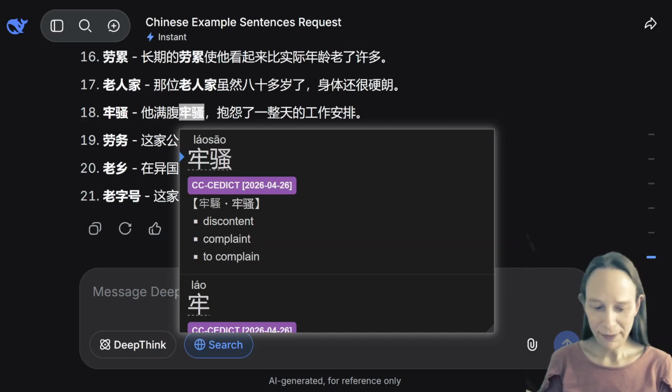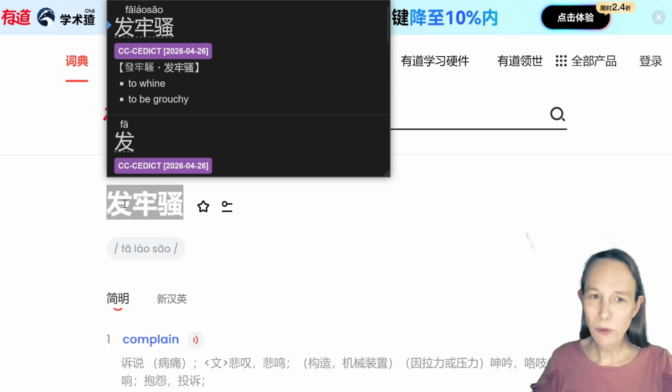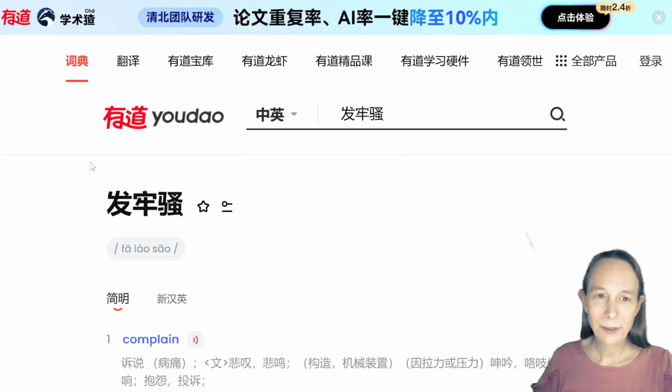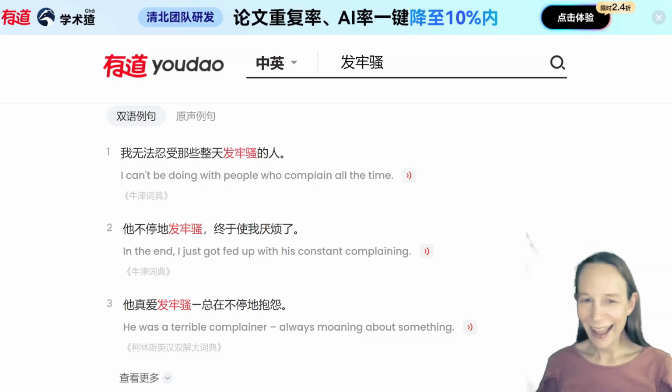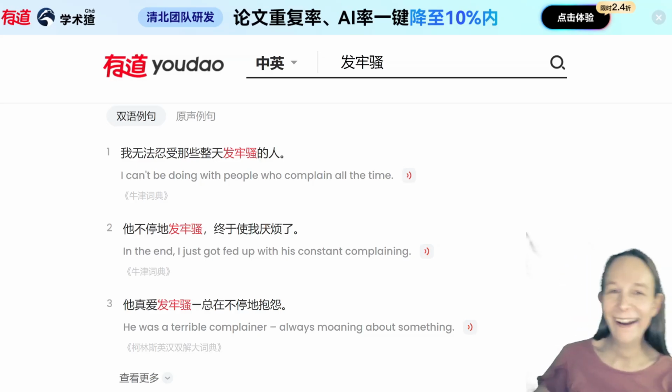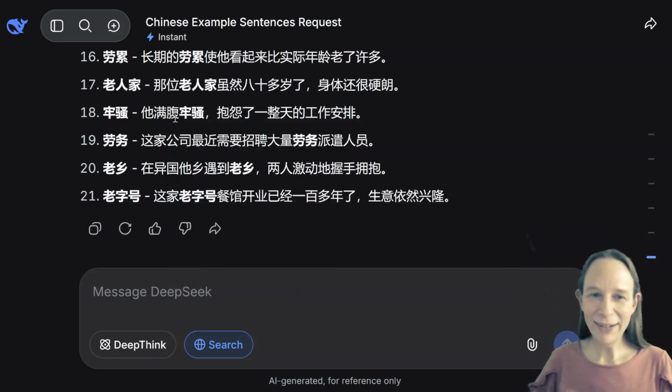Discontent. 牢骚满腹. Oh, it's a good collocation apparently. 发牢骚. Oh, I do know that one. 发牢骚. So it's to express your grumbles. To whine. Oh, are we grumbling? We got the grumbles.